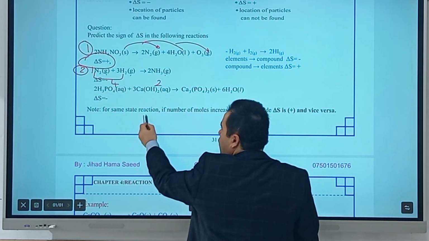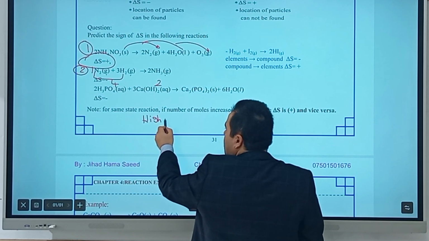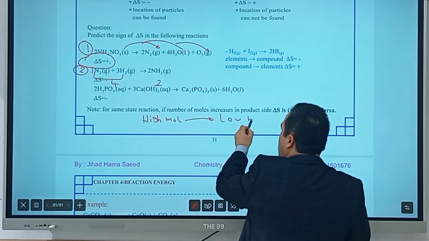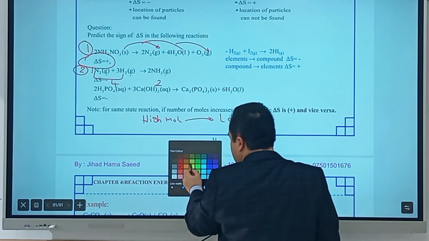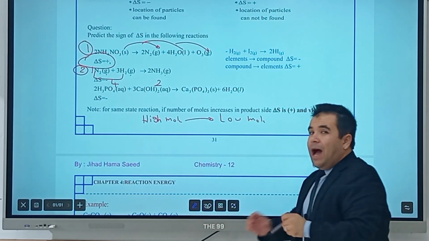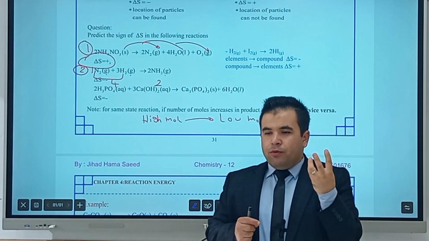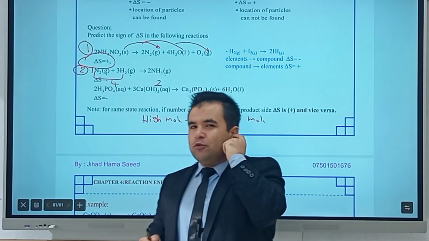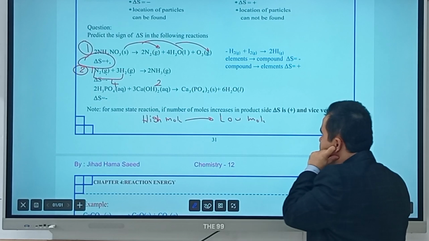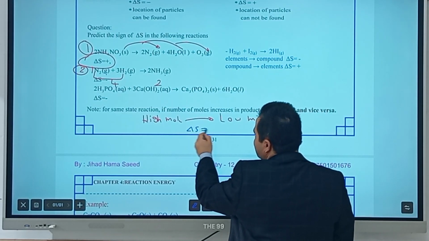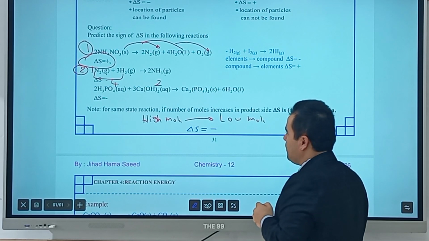Guys, from high mole to low mole, when a high amount reduces to a low amount, that will reduce the entropy of the system. So this process has a negative entropy.